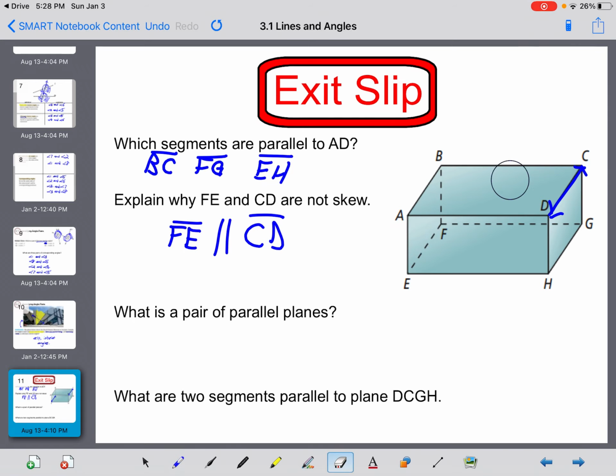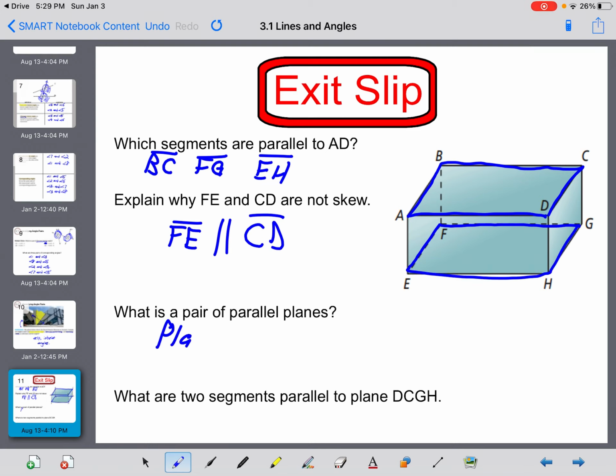What is a pair of parallel planes? Well, we could take the top of our box, and we could take the bottom of our box, and those would be parallel. So we're going to say plane ABCD is parallel to plane EFGH.